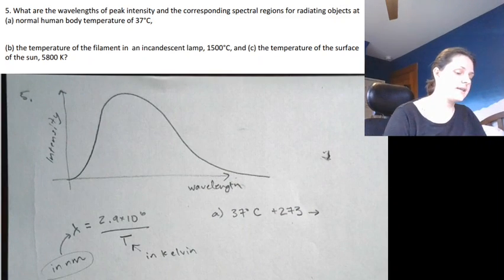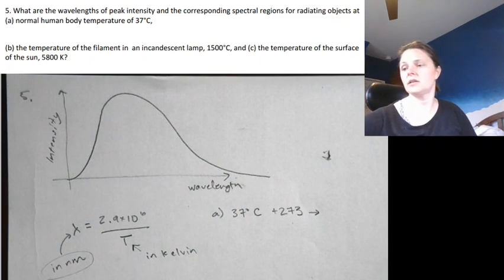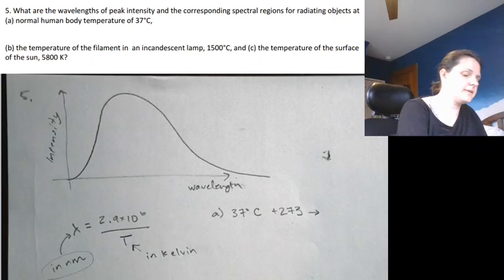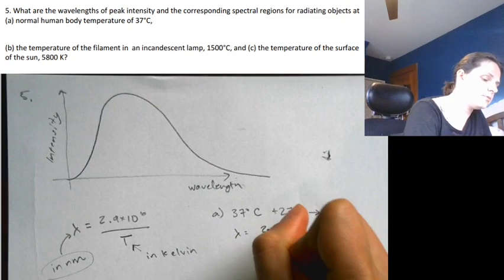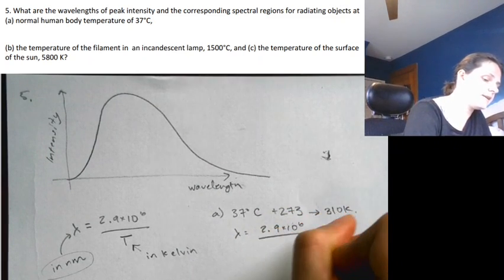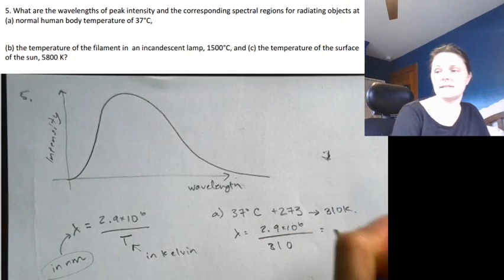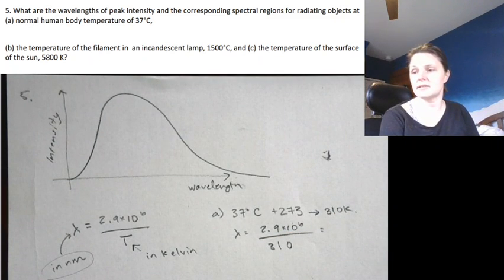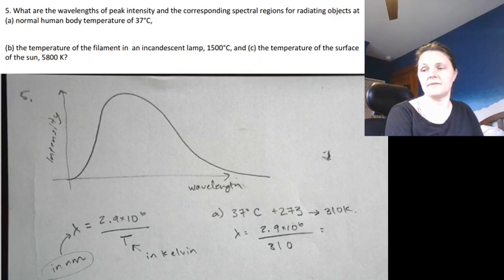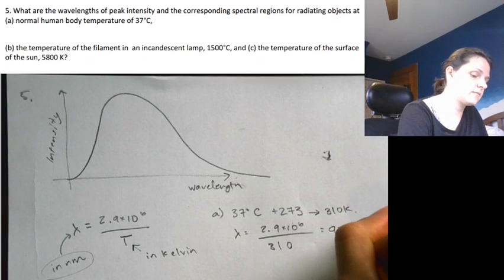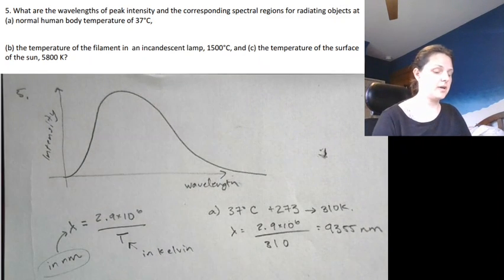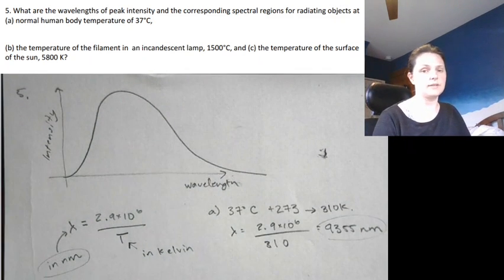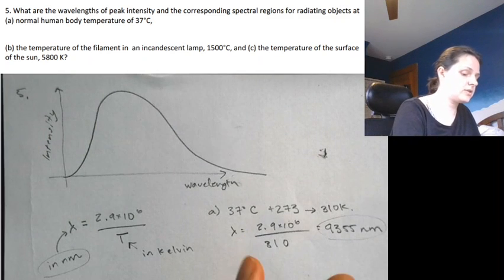So we'll do 37 plus 273, which gives us 310 Kelvin. So the wavelength is 2.9 times 10 to the 6th divided by 310. And that tells me that this is 9355 nanometers. I'll pull up at the end a figure of what wavelengths correspond to what kind of light, but let's not do it just yet.